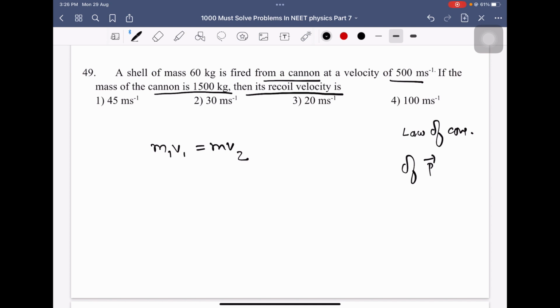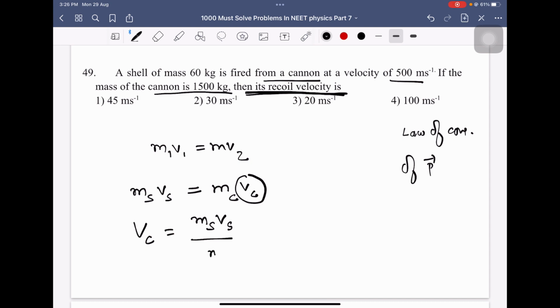Mass of the shell into velocity of the shell is equal to mass of the cannon into velocity of the cannon. Its recoil velocity means velocity of the cannon, which we have to find out. Velocity of the cannon is equal to mass of the shell into velocity of the shell divided by mass of the cannon.